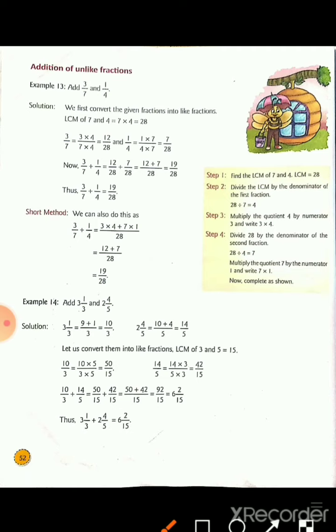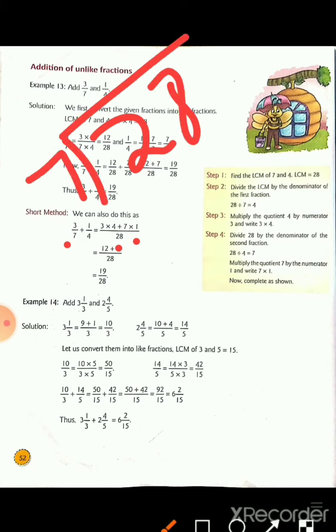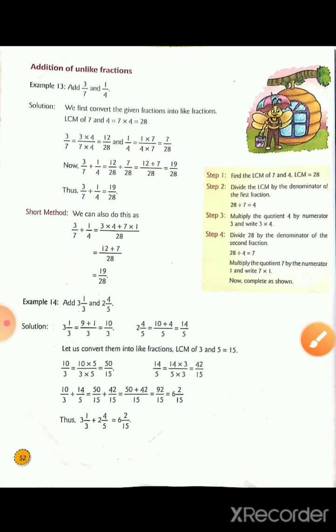Again I want to repeat. First we find the LCM of the denominators. Here 28 is the LCM. Then we divide this LCM by the denominator of the first fraction: 28 divided by 7 is 4. We multiply this quotient with the numerator of the first fraction, so 3 into 4, plus, because the operation here is addition.